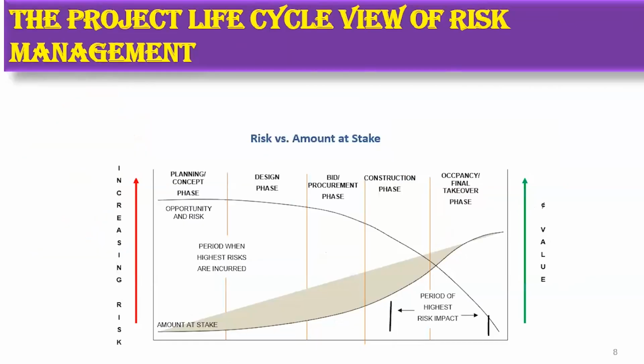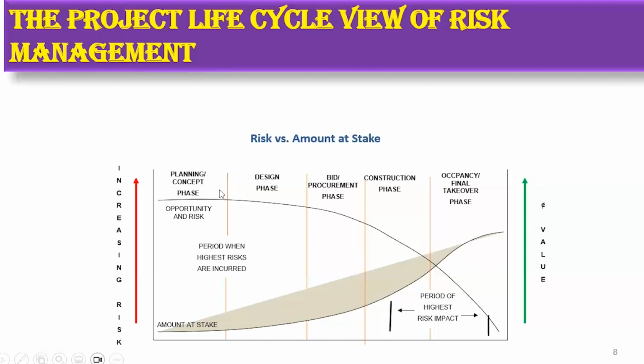Now, I want us to look at this one. This is the life cycle view of risk management on projects. In the diagram here, we have increasing risk on the vertical axis and value on the other.